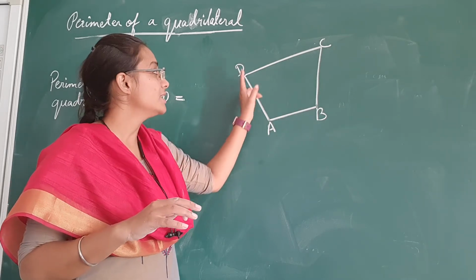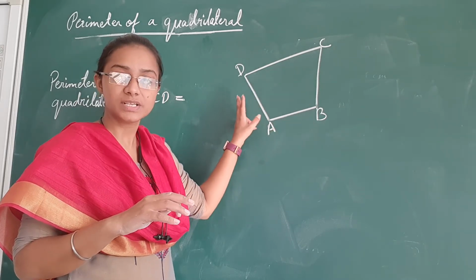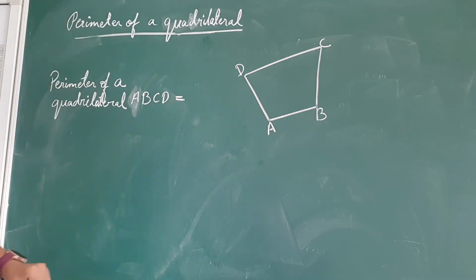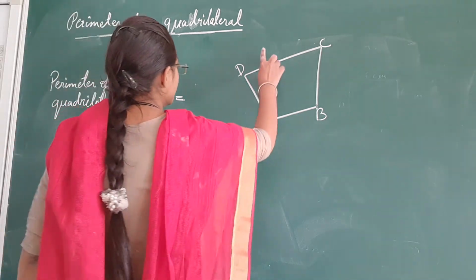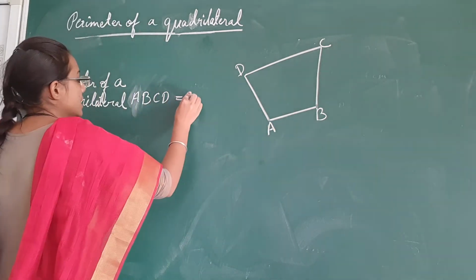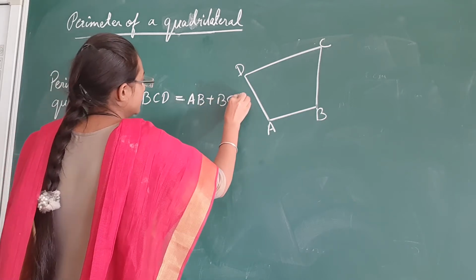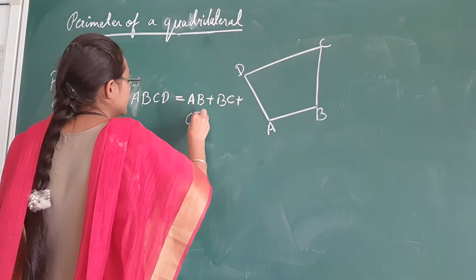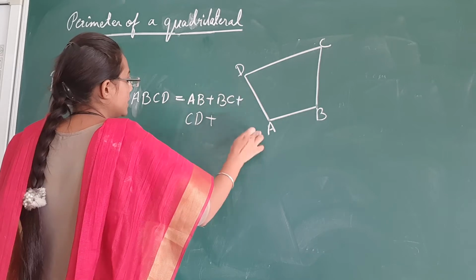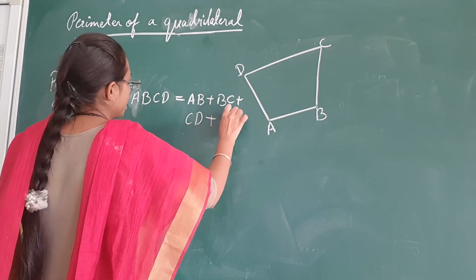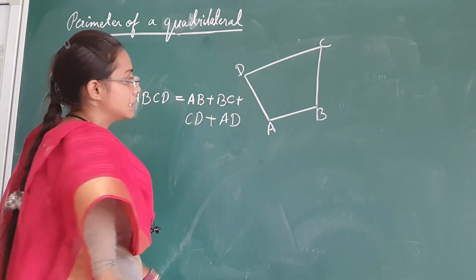Okay, you have to add the length of all 4 sides. So the perimeter of any quadrilateral, a 4-sided polygon, is obtained by adding the length of its sides, that means AB plus BC plus CD plus DA or AD. Okay, so you can easily find this.